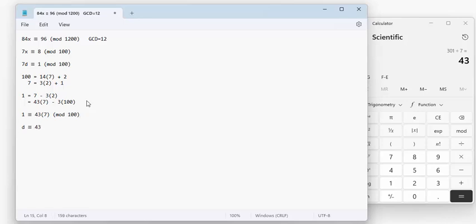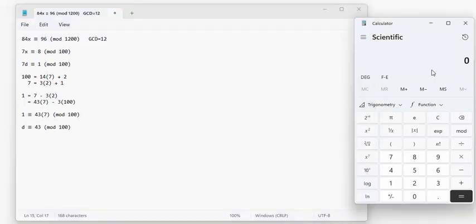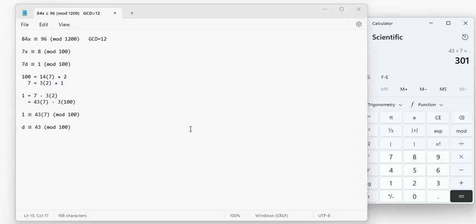The inverse of 7 is 43 mod 100. Just check: 43 multiplied by 7 is 301. Mod 100, of course, is 1. So now we know that d is 43 in this case.